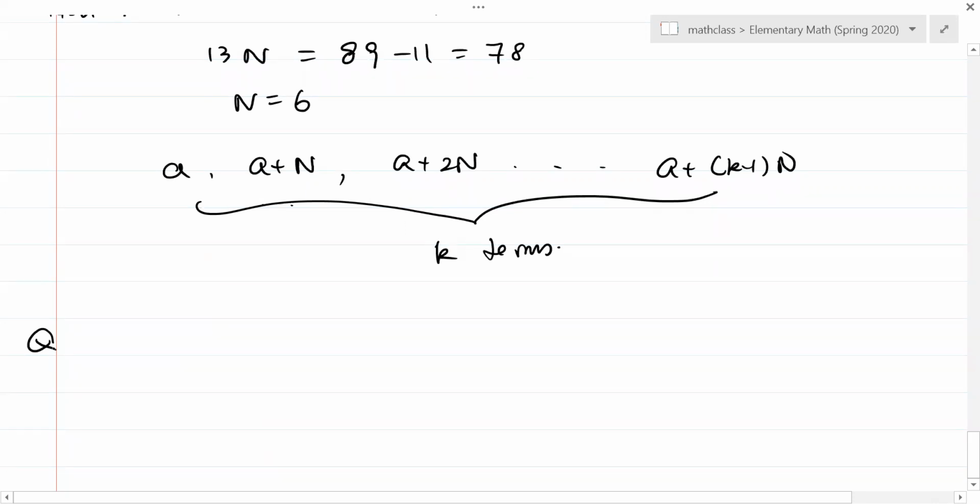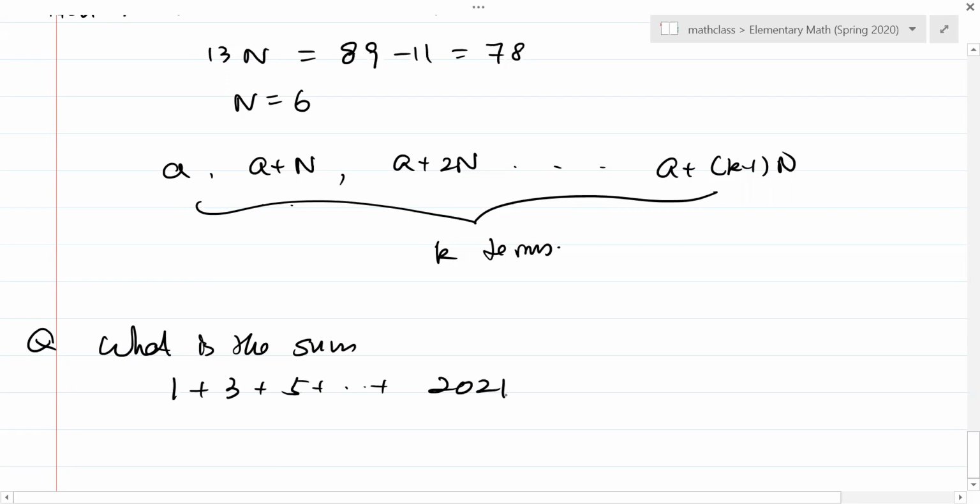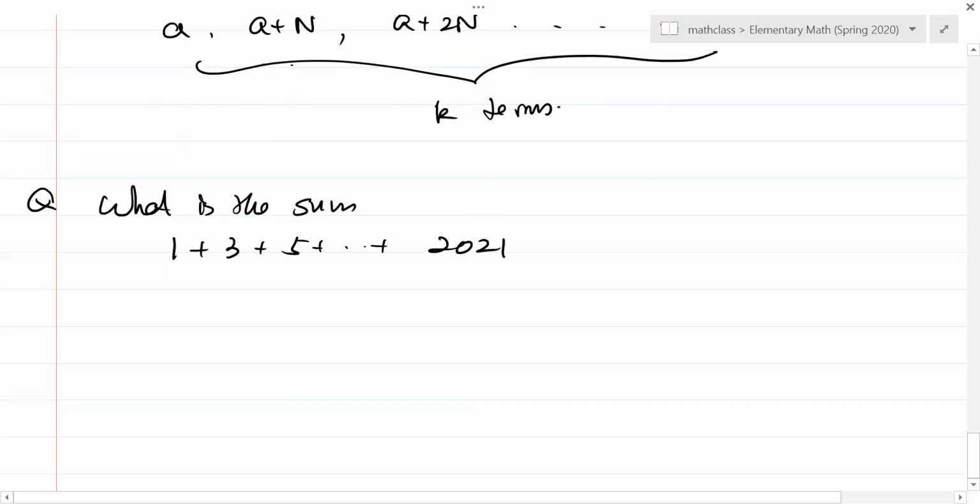What is a sum? Okay, we begin with 1, 3, 5, all the way to 2021. Okay, let's do this.